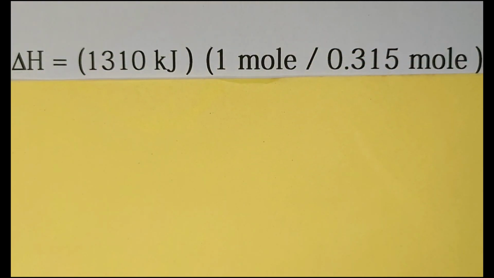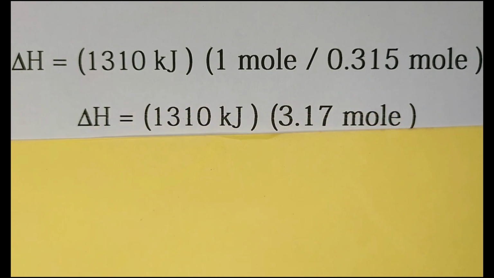To find the molar heat of combustion, we need to multiply this by 1 mole over 0.315 moles, or we have molar heat of combustion is equal to 1,310 kilojoules multiplied by 1 mole over 0.315 moles, which is 1,310 kilojoules times 3.17 per mole.